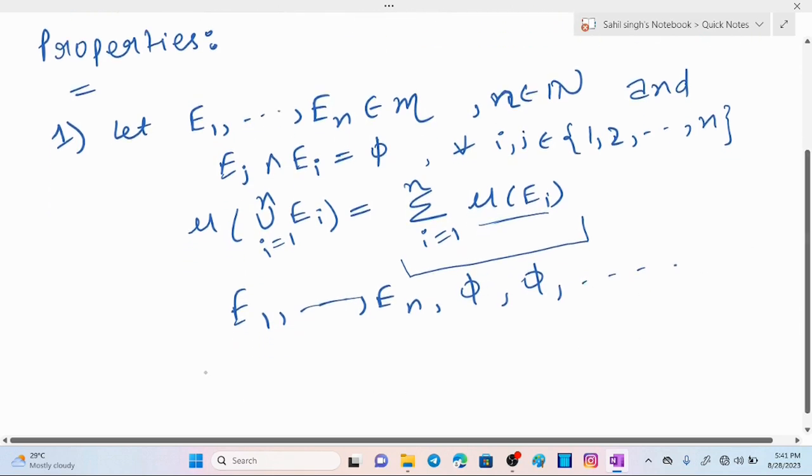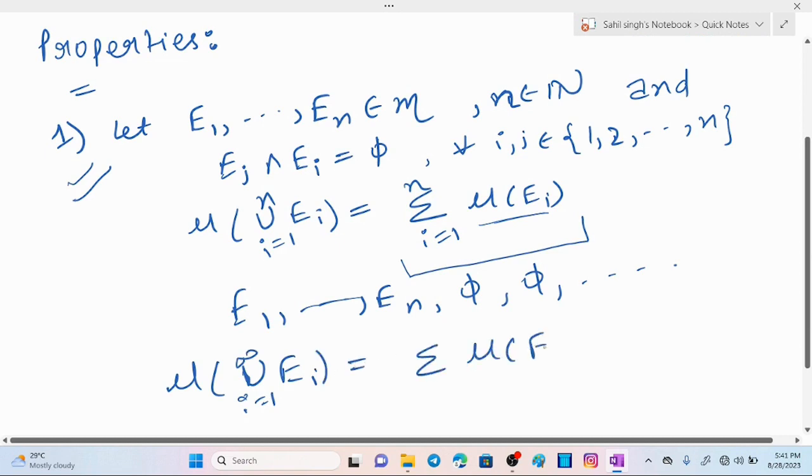Let me remind you that μ of the union of the Ei's, i running from 1 to infinity, was the sum of μ(Ei), if the Ei's belong to M and all the Ei's were disjoint.